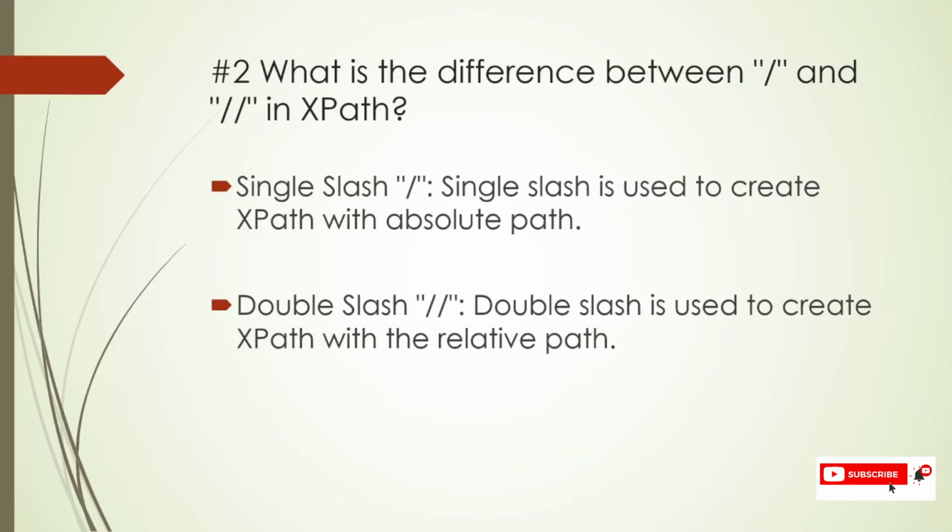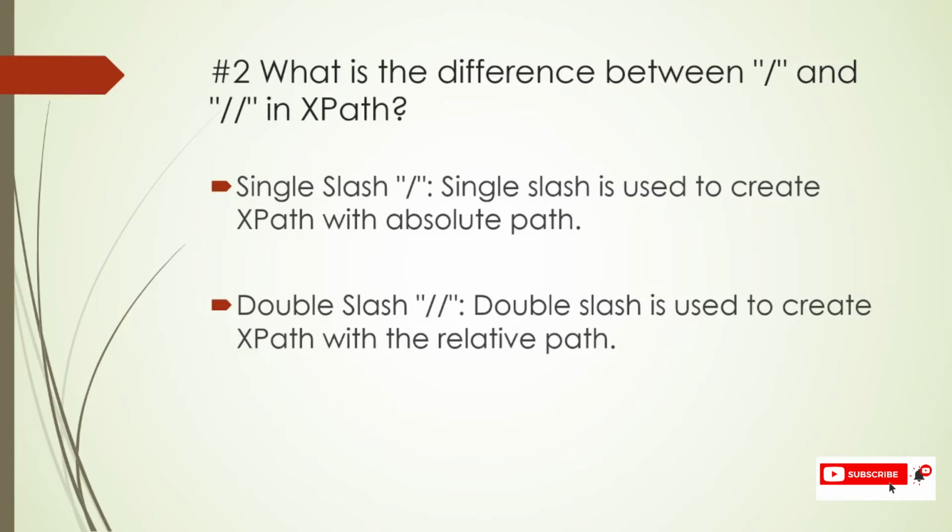But the most important major difference is the time frame. Absolute path is very much faster than the relative XPath. So relative XPath starts in between of the HTML DOM, whereas absolute starts from the very starting of the HTML node. So it is very easy for absolute XPath, and for relative XPath it is a little time taking process.